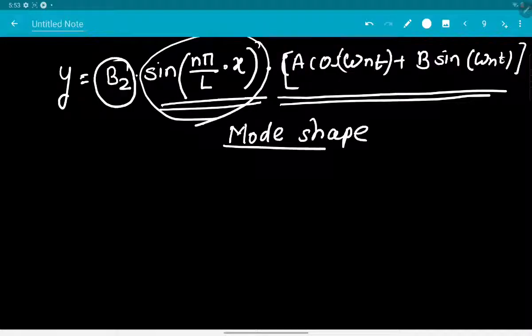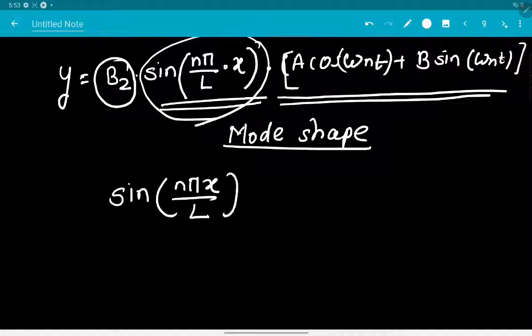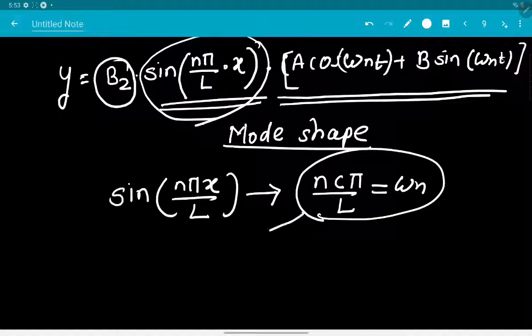Which is equivalent to the eigenvector that you were getting in a multi-degree of freedom system. So the mode shape in this continuous system is also a continuous function of x, which is equal to sine n pi x by L, and the corresponding natural frequency is equal to n c pi by L. Okay, for this frequency, this is the mode shape.